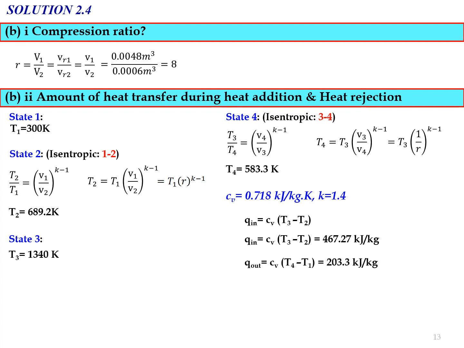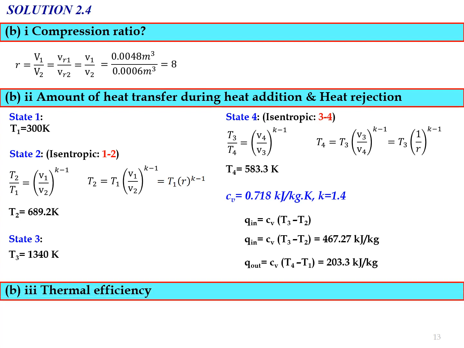And the formula for Q out equal to Cv multiplied by T4 minus T1, which is equal to 203.3 kJ per kg. So question B is already done, because we already calculated Q in and also Q out without using any ideal gas air table. Okay, now question C, the last one, we need to determine the thermal efficiency.